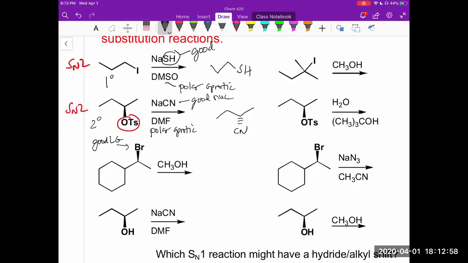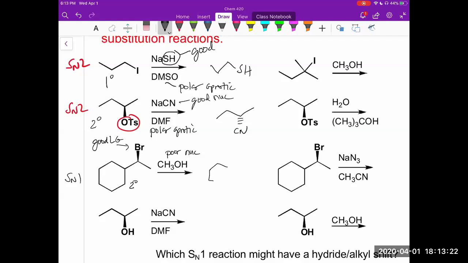Br minus is big, it can delocalize the negative charge. Secondary substrate. Tell me about your nucleophile. It's a weak nucleophile, exactly. So we know it's not SN2. We're going to be going SN1 through a carbocation.